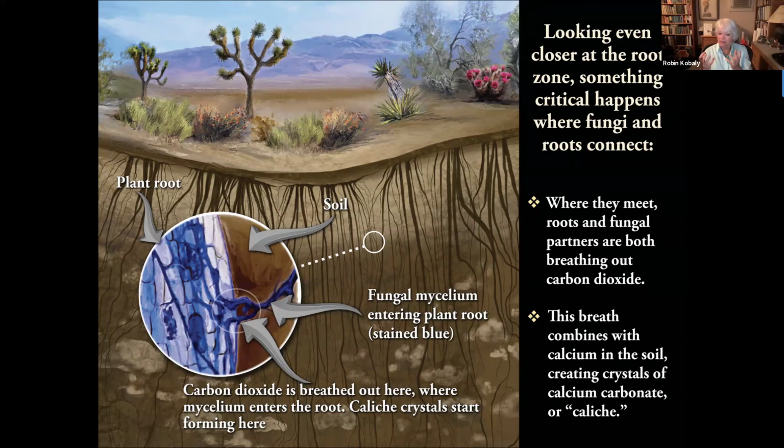So there's water, into an environment that has an abundance of calcium. Because we get so little rain, calcium builds up in the soil because it's not dissolved. So there's an abundance of calcium, and the plants and the mycelium are both breathing out carbon dioxide. Carbon dioxide plus calcium equals calcium carbonate, or caliche as we call it.